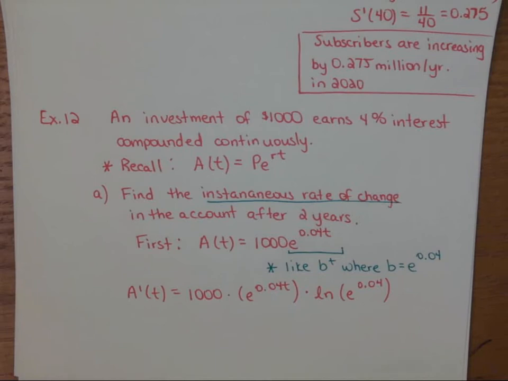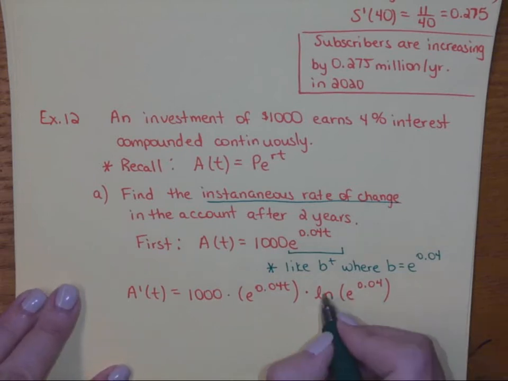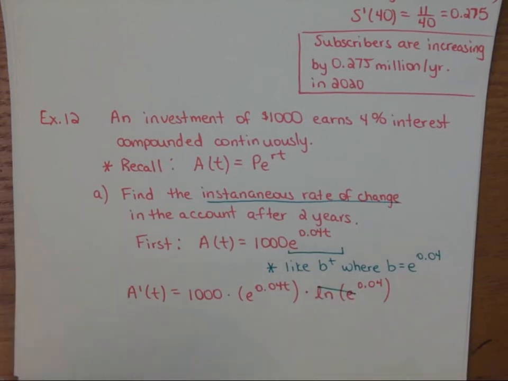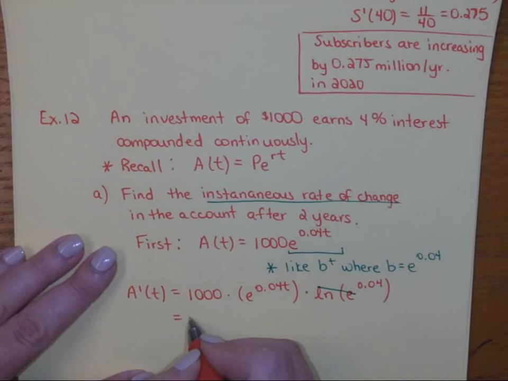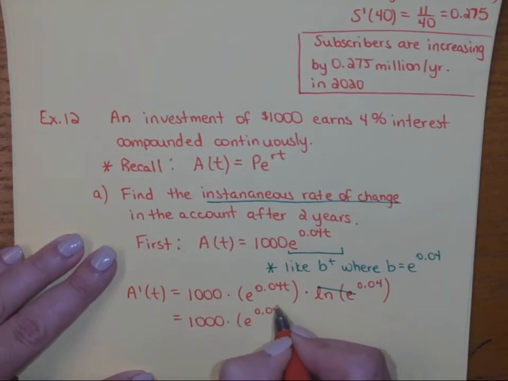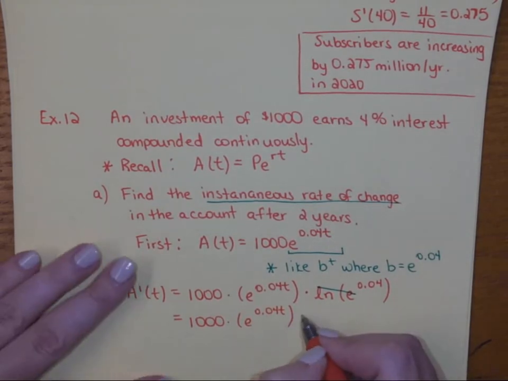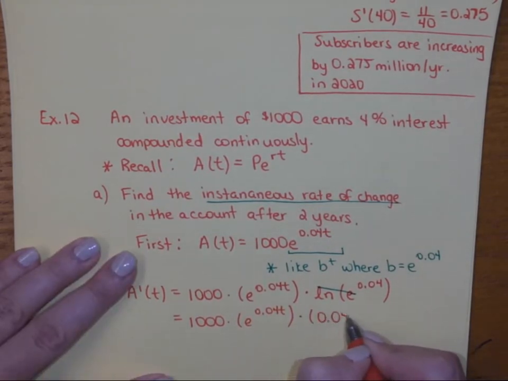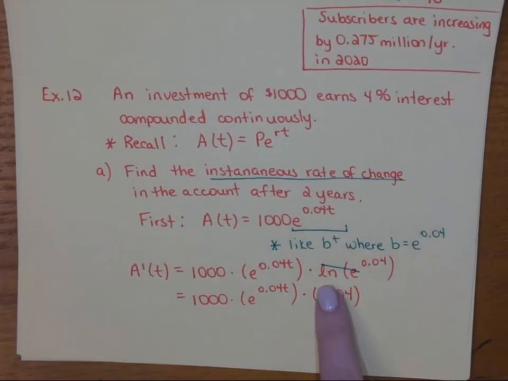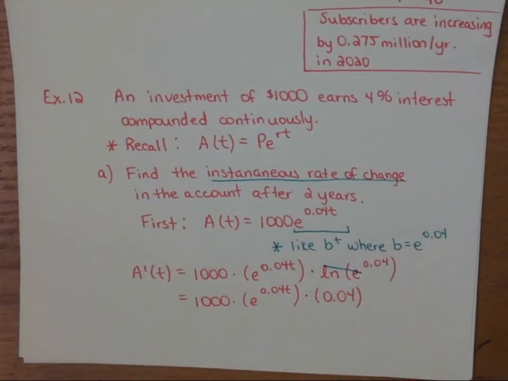So if you clean that up just a bit, for instance, the natural log of e is going to cancel each other out. Okay, so I'm going to clean this up. This is just like 1,000 times e to the 0.04t power, and then times 0.04, because algebraically natural log and e cancel each other out, leaving only the exponent.